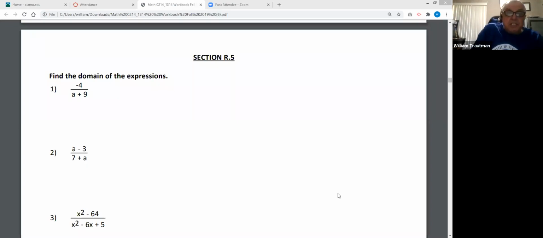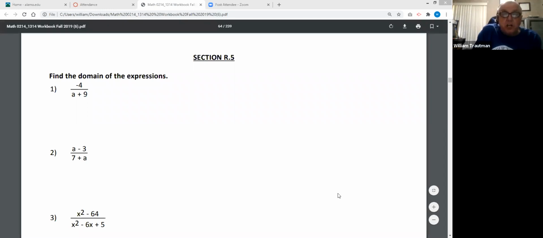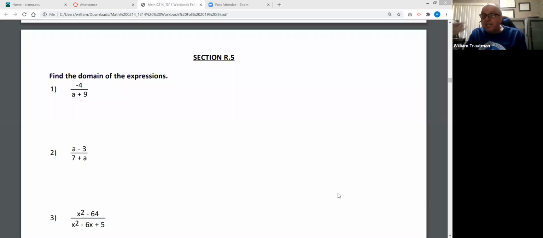So can somebody tell me domain? Sometimes it's easier to tell me what X cannot equal. Can somebody tell me in problem 1 what A cannot equal?